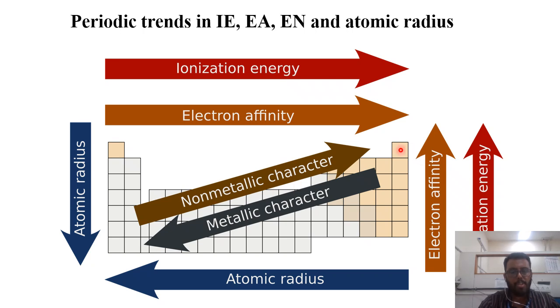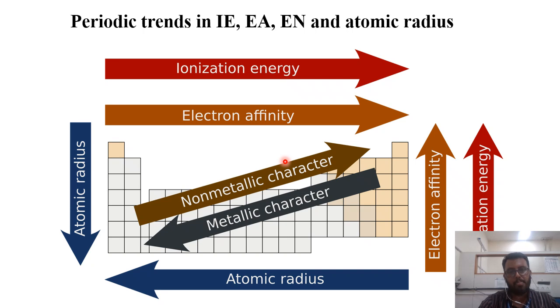So this trend you have to remember. When you remember this picture, then if they ask about any one periodic property, they will ask you to define it, explain the trend in group and period, and explain the factors influencing that particular property.